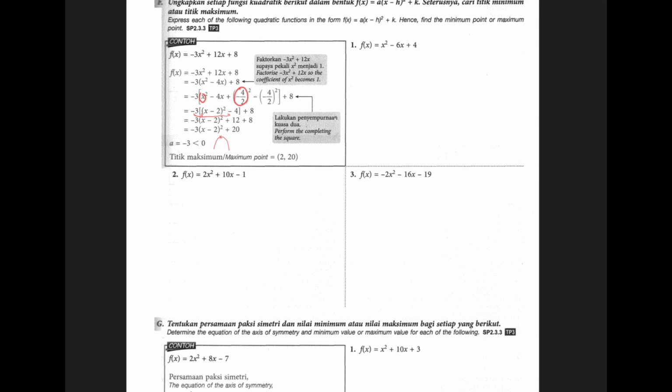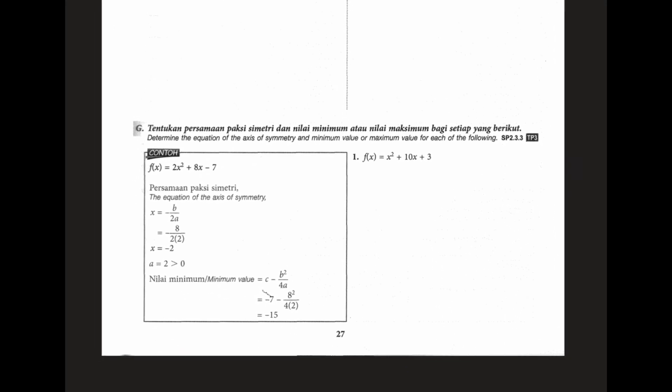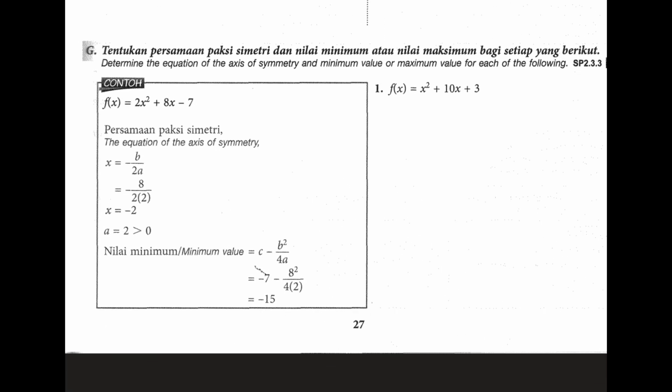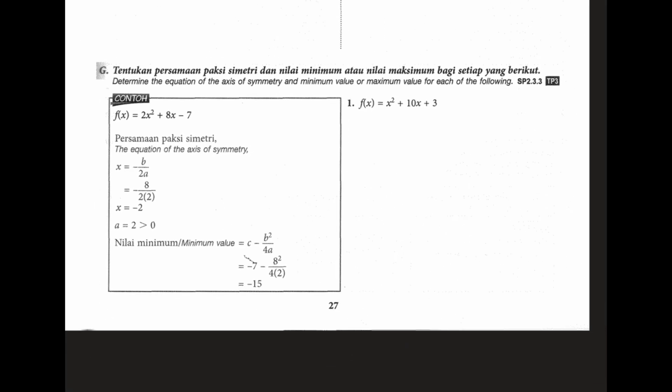Okay, now let's see a little bit more. Determine the equation of the axis of symmetry and the minimum value or maximum value for each of the following. Axis of symmetry is the h. h equals minus b over 2a.